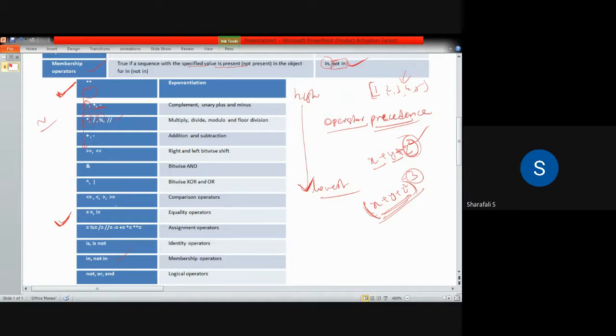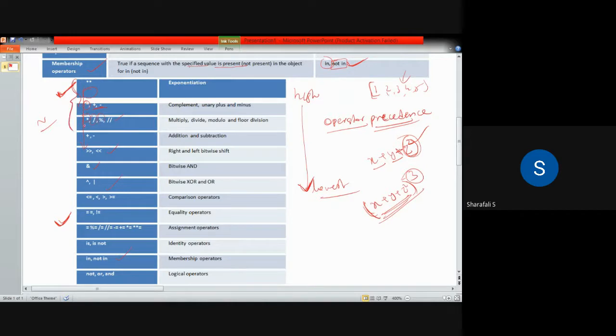Then we have the bitwise AND operation, bitwise shift operations, right shift, left shift, and then the bitwise XOR operation. All of these come after the operators with highest precedence.